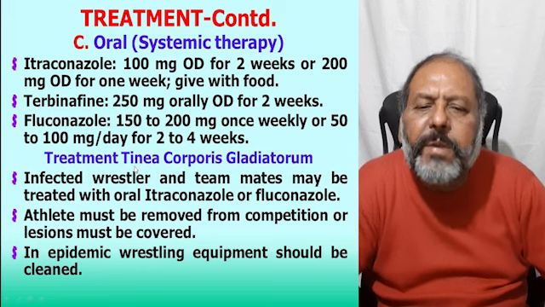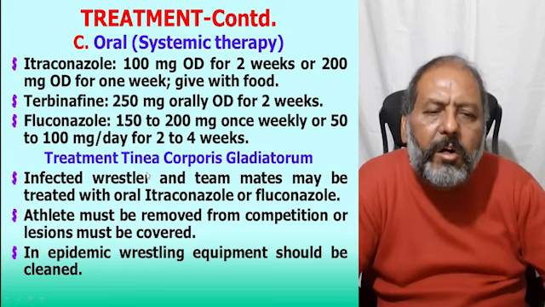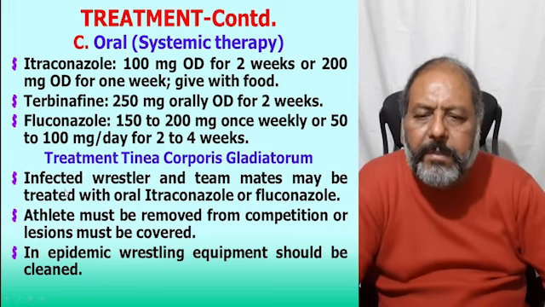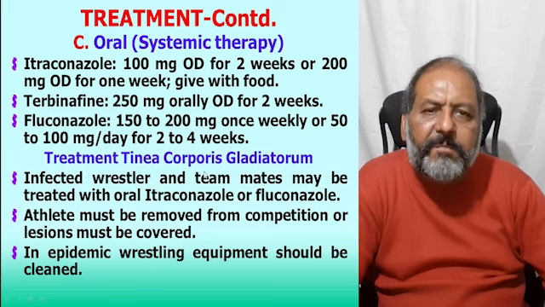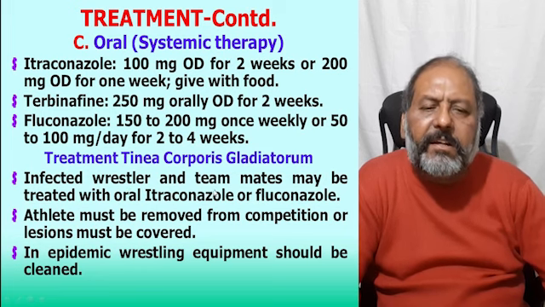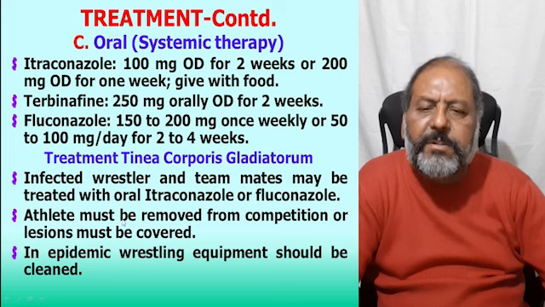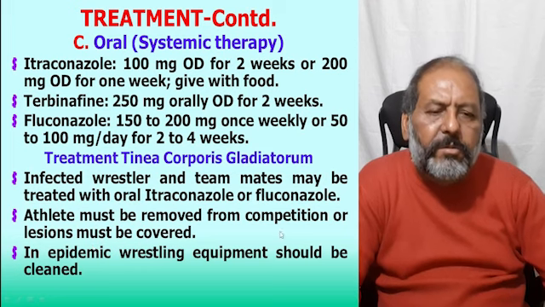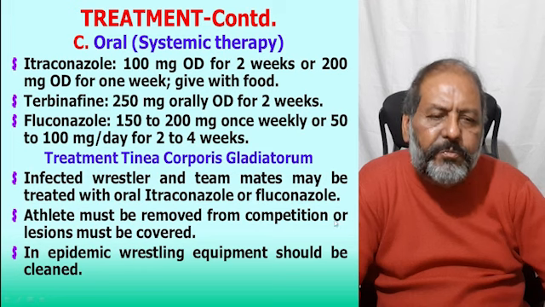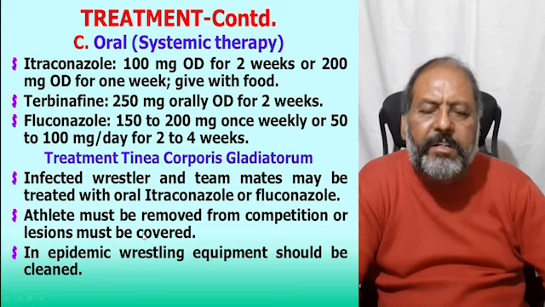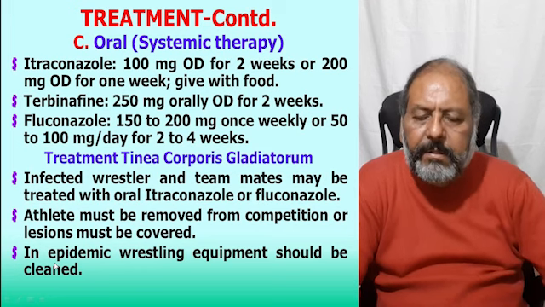Now, treatment for the Tinea corporis gladiatorum, that is seen in infected wrestler and teammates. So, infected wrestler and teammates may be treated with oral itraconazole or fluconazole. Athlete must be removed from the competition or lesion must be covered.